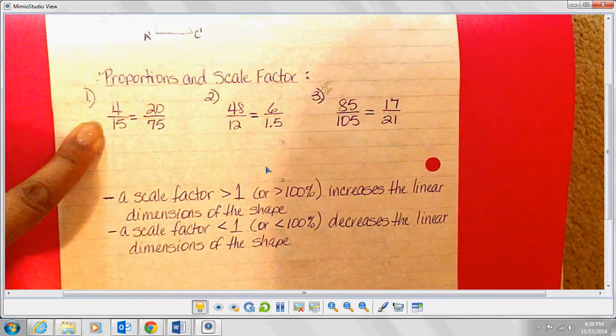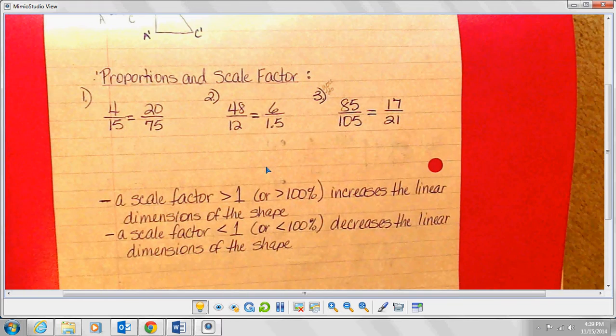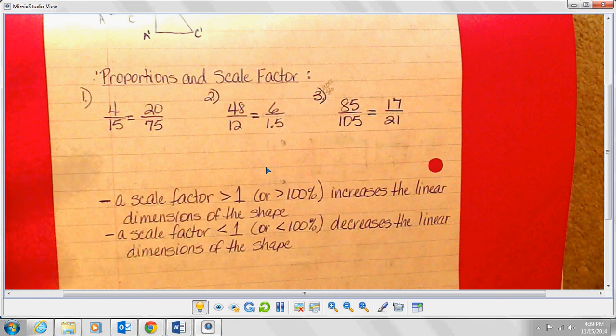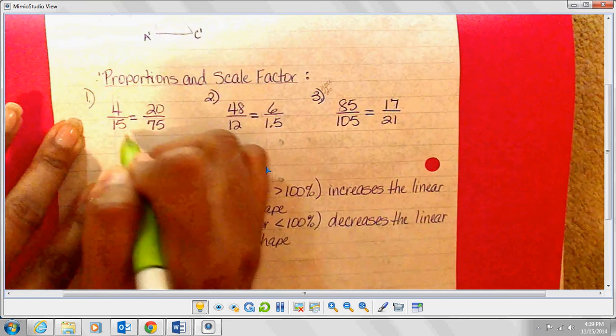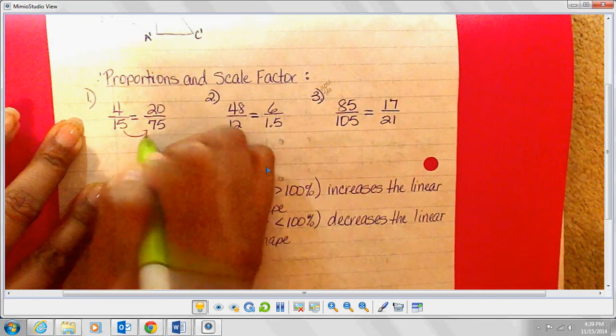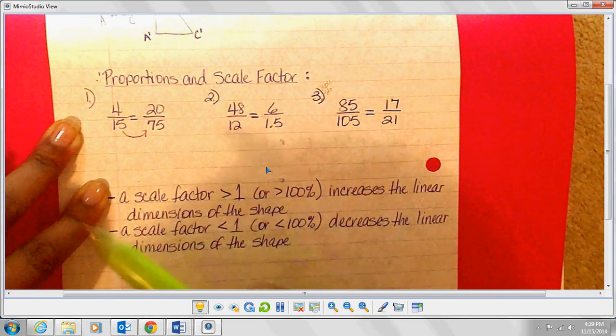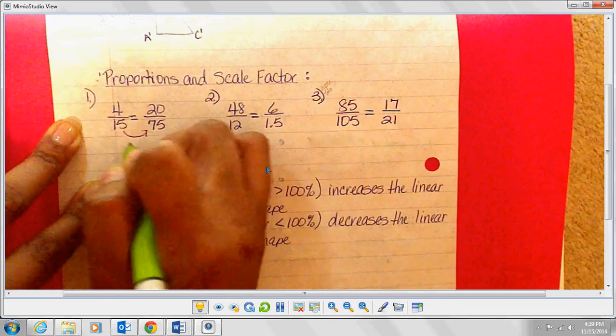Okay, proportions and scale factor. Remember, we are trying to determine what it is that I'm going to multiply by to get the other dimensions. So whatever I'm multiplying by is my scale factor. So remember, with proportions, if I'm going from this side to this side, I see that I'm increasing, so it's already going to be times something.